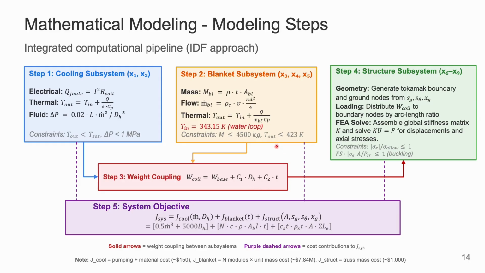This weight feeds into step 4, where the structure model generates the truss geometry, distributes the coil weight across boundary nodes by arc length ratio, then assembles the stiffness matrix and solves for stresses and buckling loads. Finally, step 5 sums all three subsystem costs into the total objective. The blanket material cost dominates at 7.84 million, while cooling and structural costs are essentially negligible.